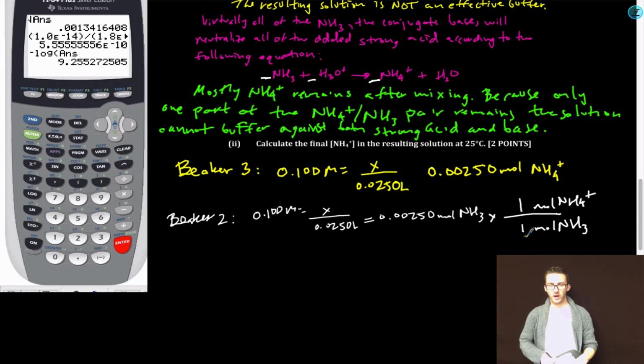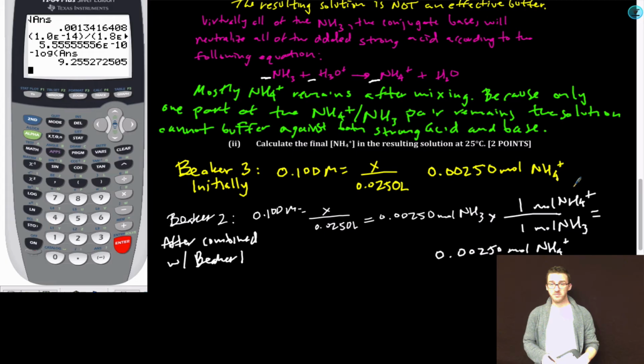That's a 1-to-1 relationship, which will give me another 0.00250 moles NH4 plus. You know what? Let me be a little more clear about this. Beaker 3 initially, and I'll say Beaker 2 after combined with Beaker 1. Super clear. So after I've mixed all these beakers together, I've got my 0.00250 moles ammonium ion originally from Beaker 3. And then after my strong acid reacts with the conjugate base, I'm going to get another 0.00250 moles of ammonium ion in that beaker.